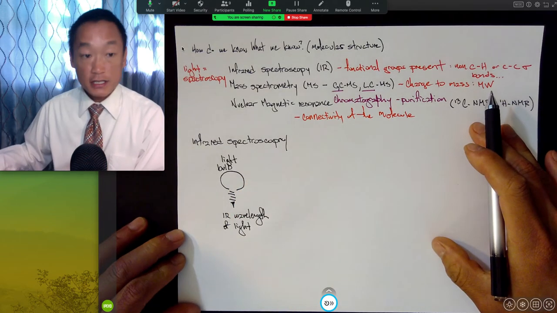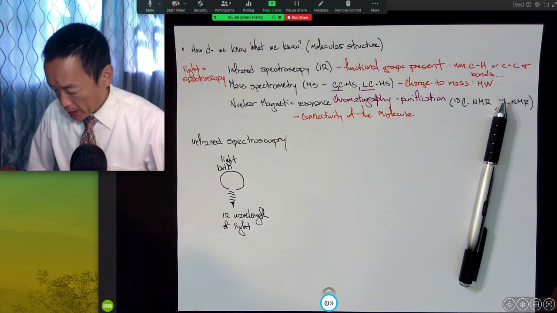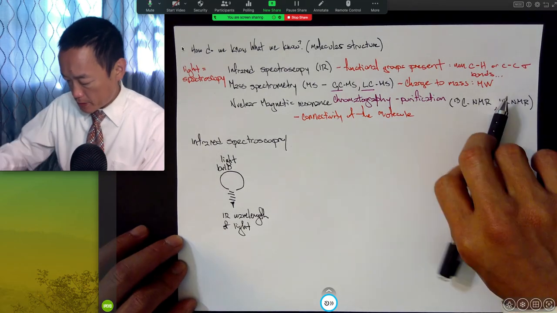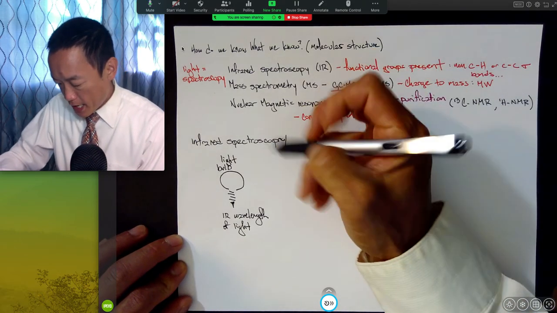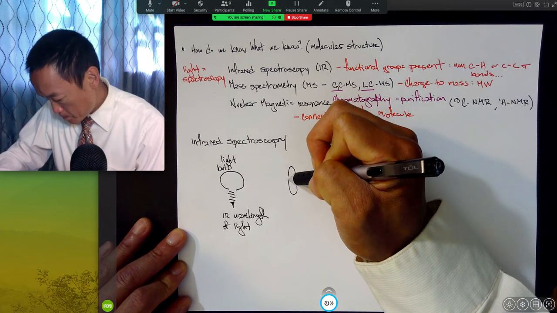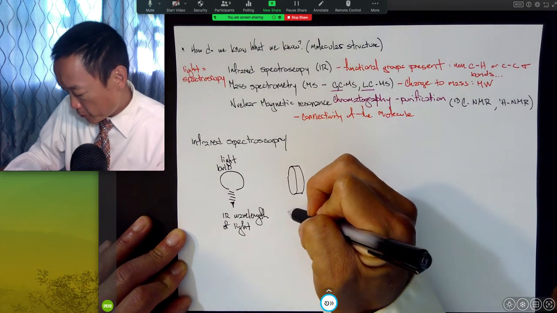Okay, so that's one component in that instrument. And then that light travels down a path and typically interacts with your sample.